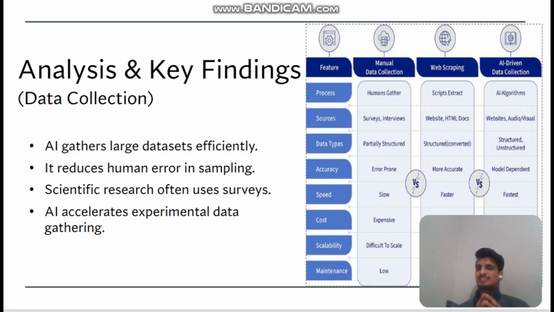Comparing the speed, manual data collection is very slow, web scraping is fast, but AI-driven data collection is fastest.